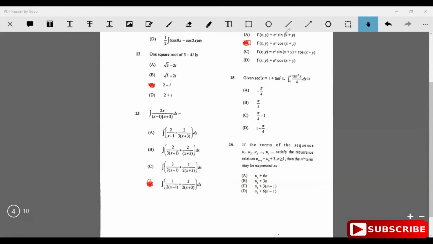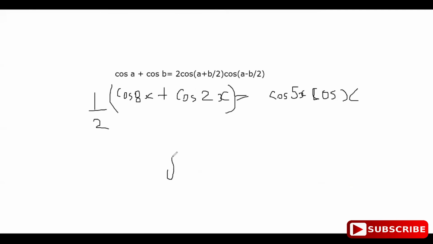So we're integrating tan square x over 4, from 0 to pi. I'm going to bring out the 4 and put it as a quarter on the inside.